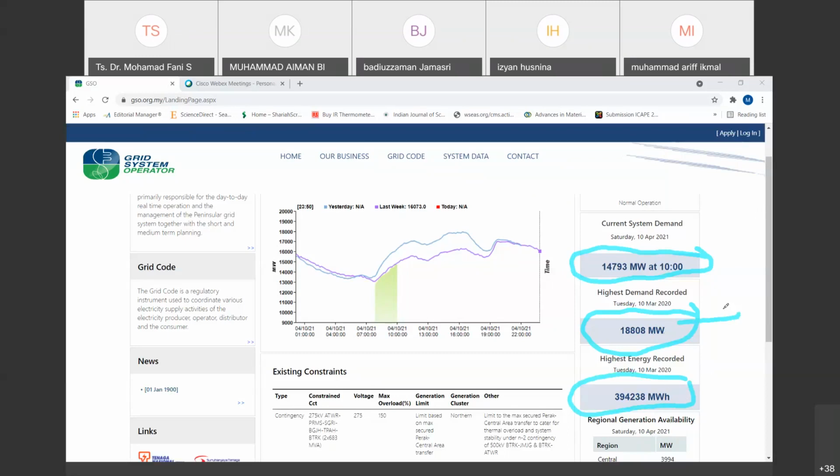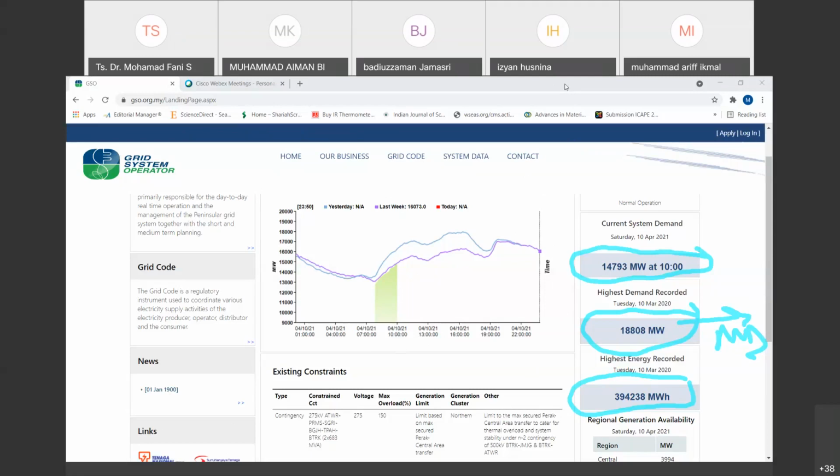This one is the maximum demand. 394 megawatt hours for 1 day. We can see the profile here, the 1 day profile, 24 hours profile for total. So for those who are interested to do some research in regard to the power profile, you can get the data here.